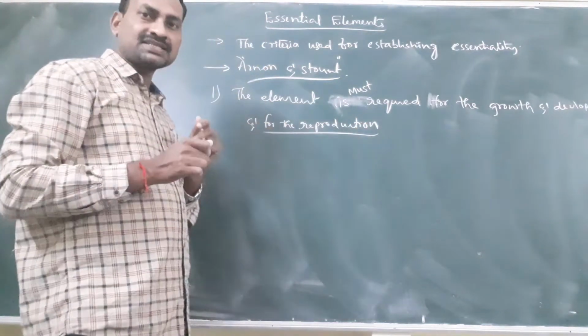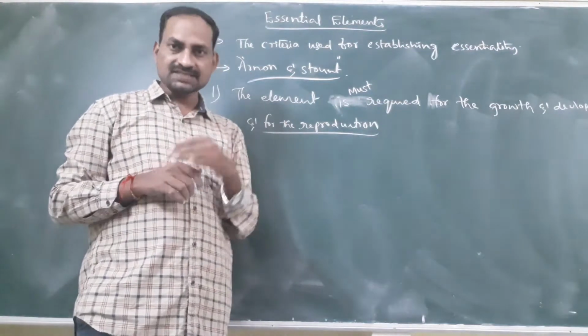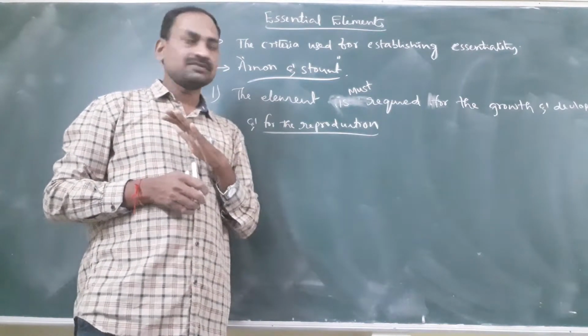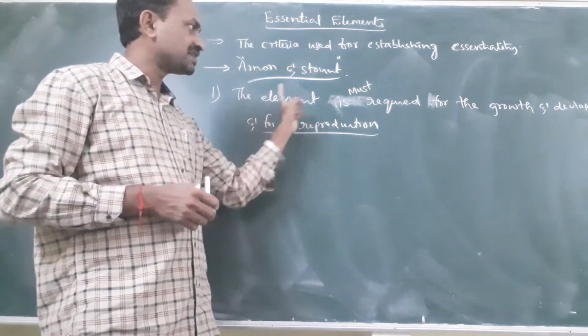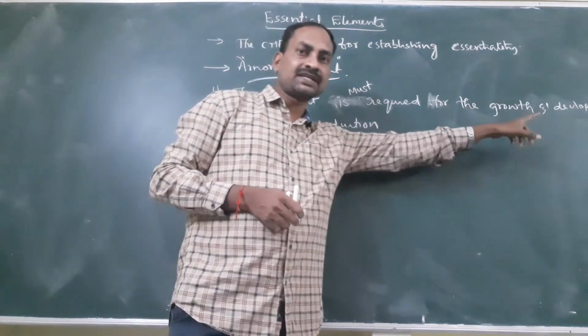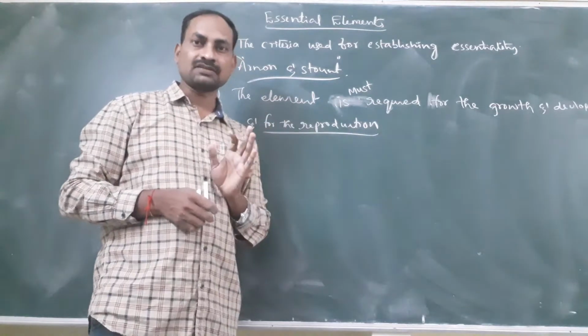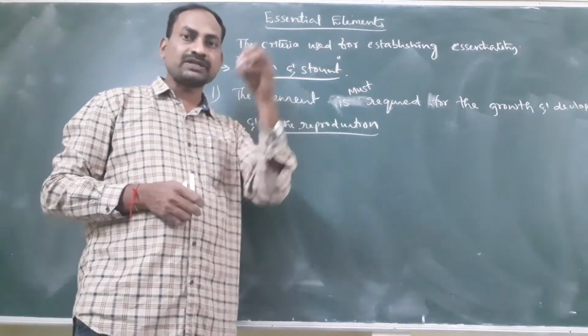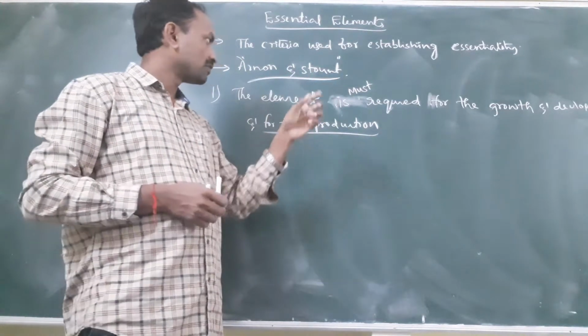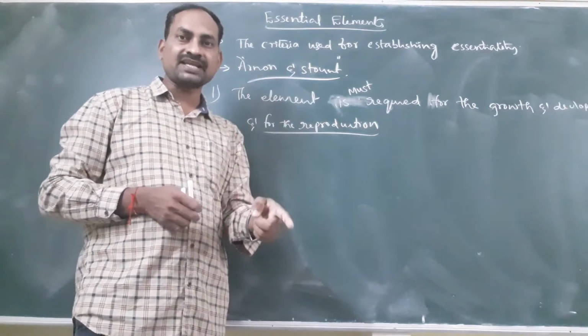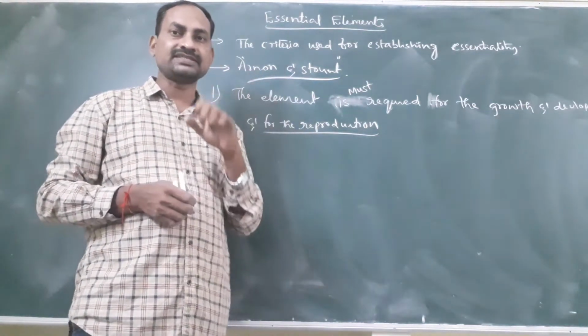If you consider any element that is essential for the plant, that element is required for the growth and development of the plant and also for the reproduction. In the absence of that particular element, the plant should not complete its life cycle and set the seeds.